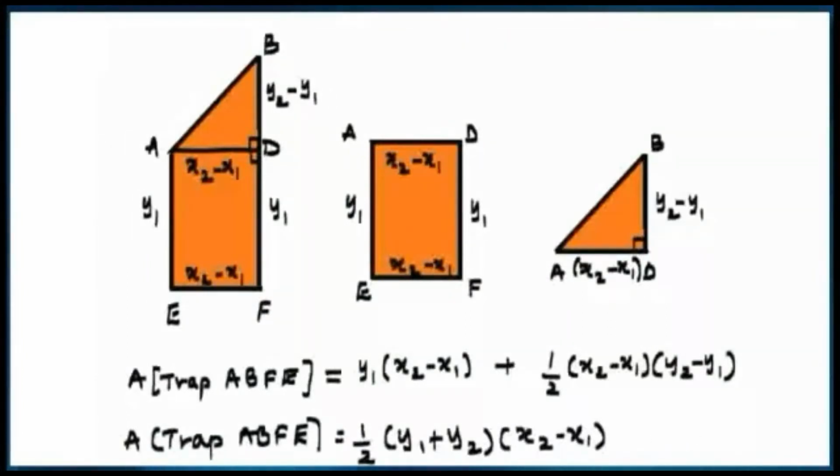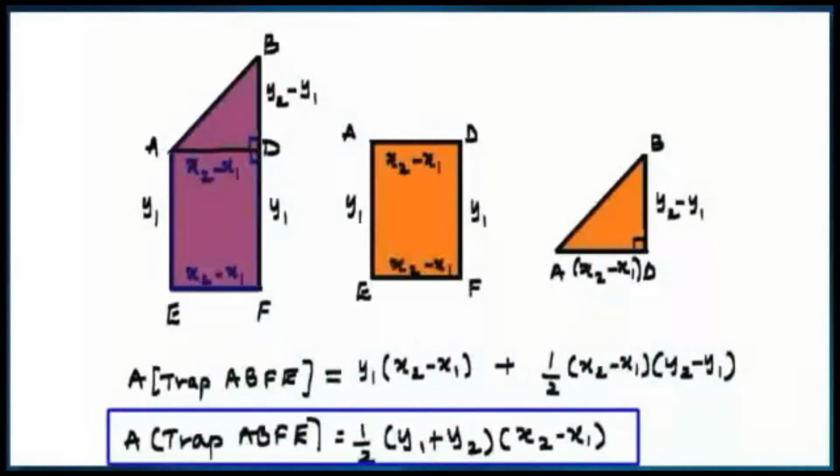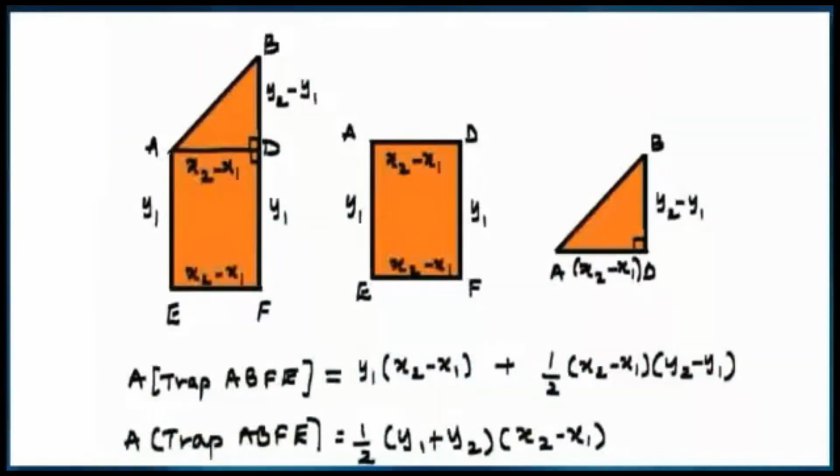When we simplify these, we will get this. This is the area of the trapezium. Similarly we can find the other two trapeziums.